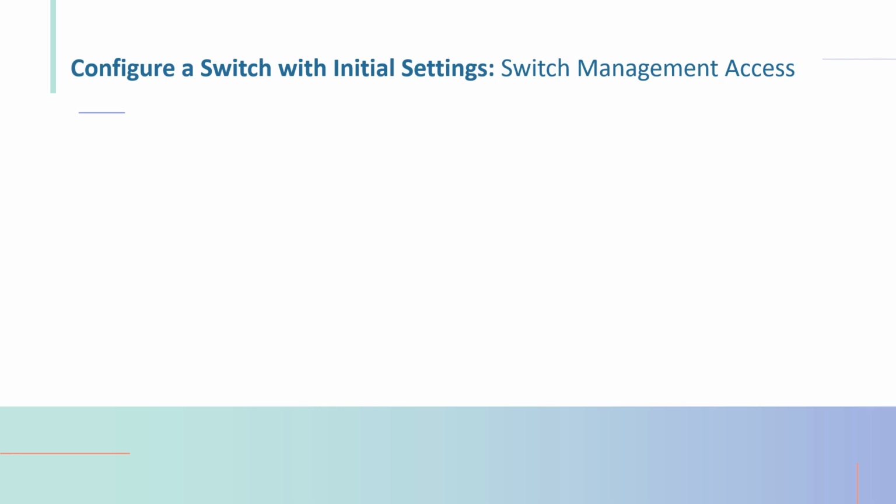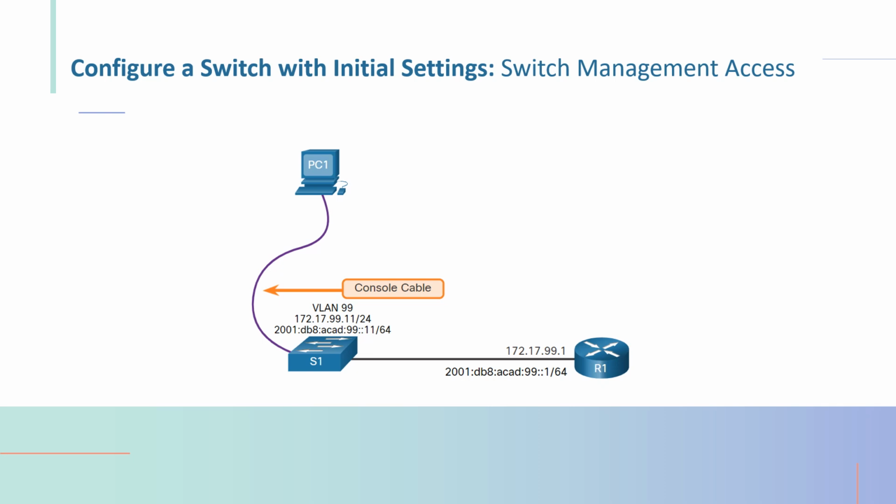You have to keep in mind that to manage the switch from a remote network, the switch must be configured with a default gateway. This is very similar to configuring the IP address information on a host device. In this figure, there is a switch and a router, and this is all the information that we have to configure on a switch.